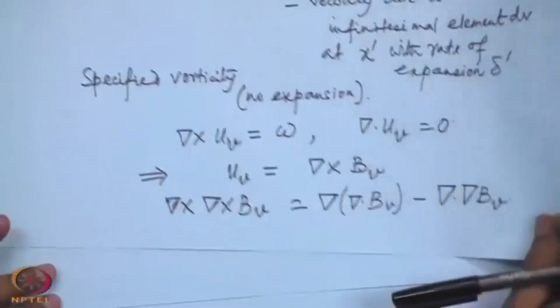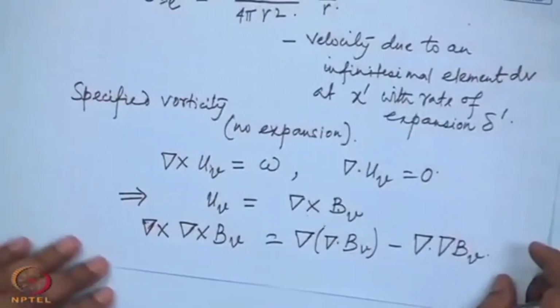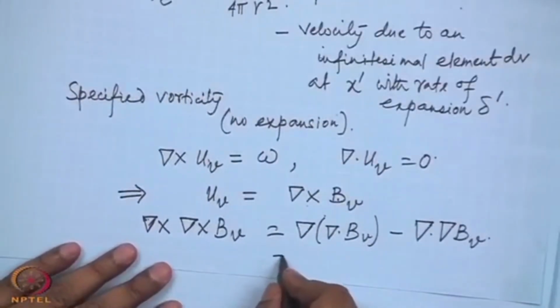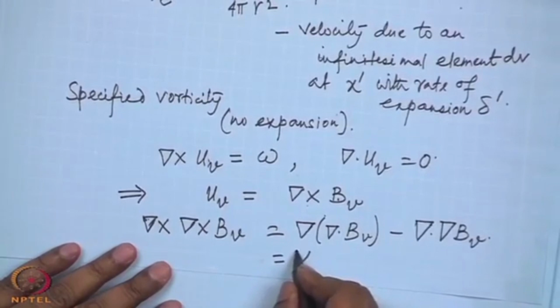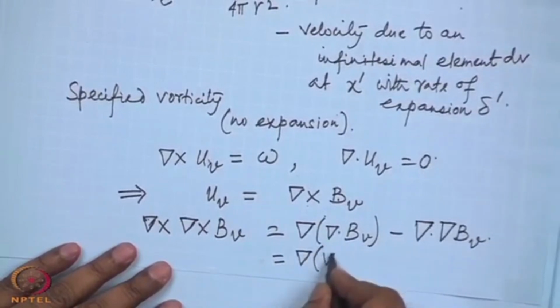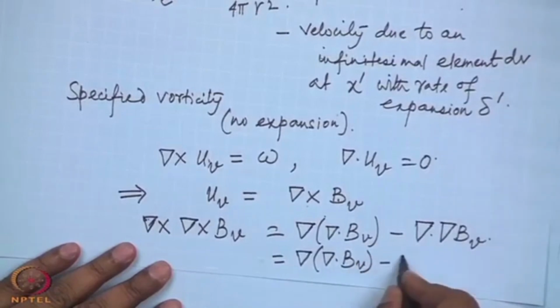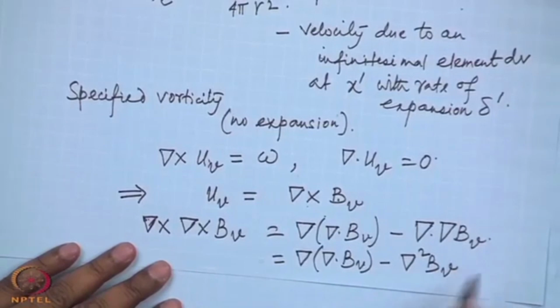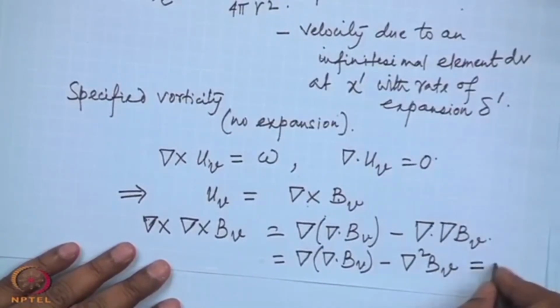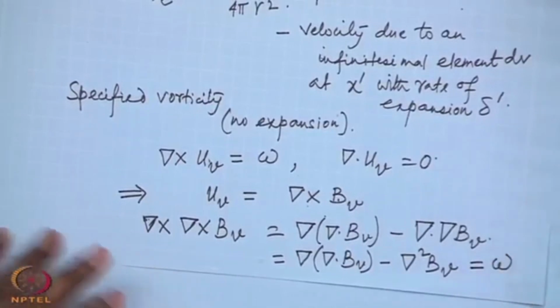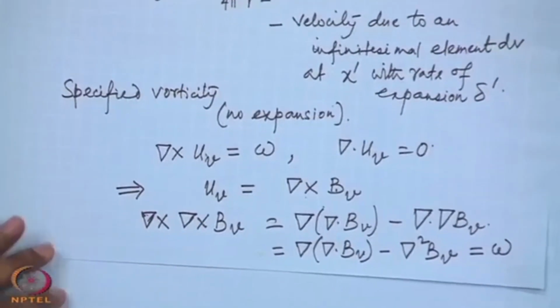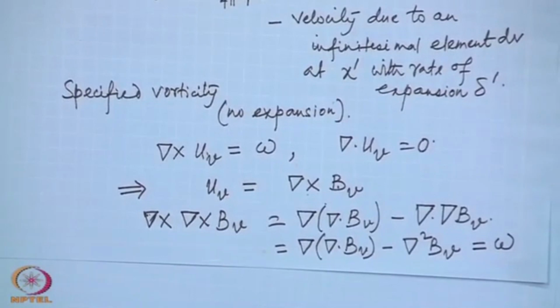So, this can also be written as gradient divergence of B minus Laplacian of B, and this is equal to omega.